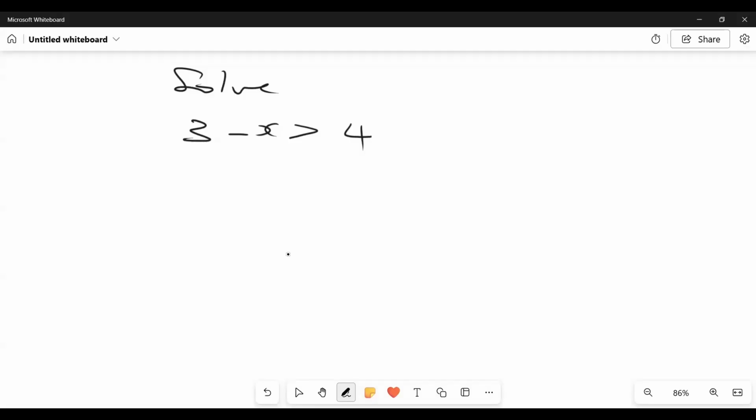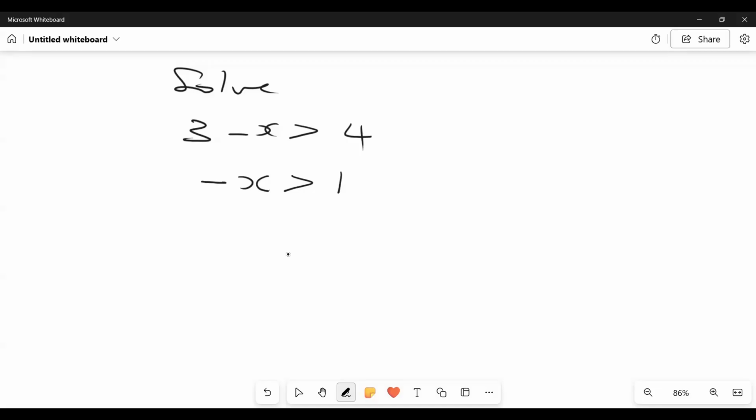Take 3 from both sides, you end up with minus x is greater than 1, right? This 3 will disappear, 4 will become 1. So we now have negative x here is greater than 1. We don't want that, we want x.